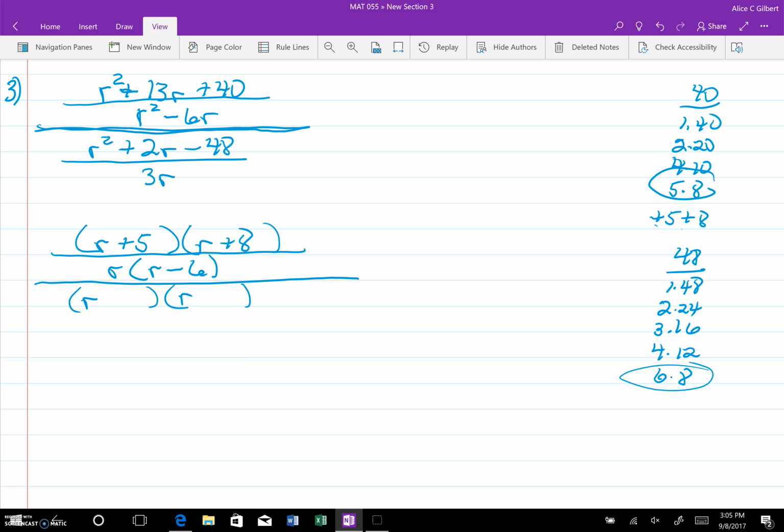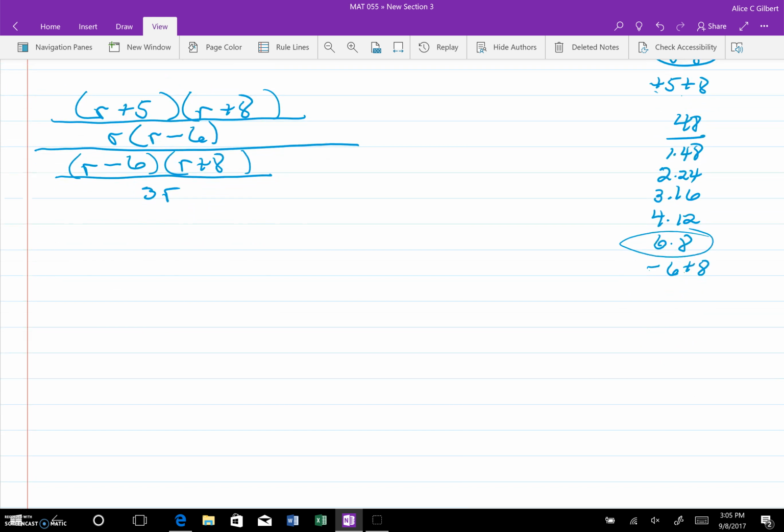Looks like 6 and 8, it's going to have to be negative 6, positive 8. When I add these two together, I get positive 2, which is exactly what I'm looking for. Negative times a positive is a negative, which is what I'm looking for. So minus 6, plus 8, over 3r.